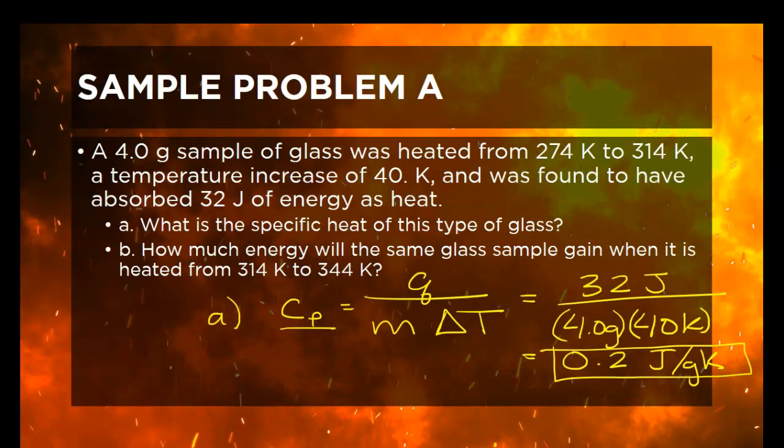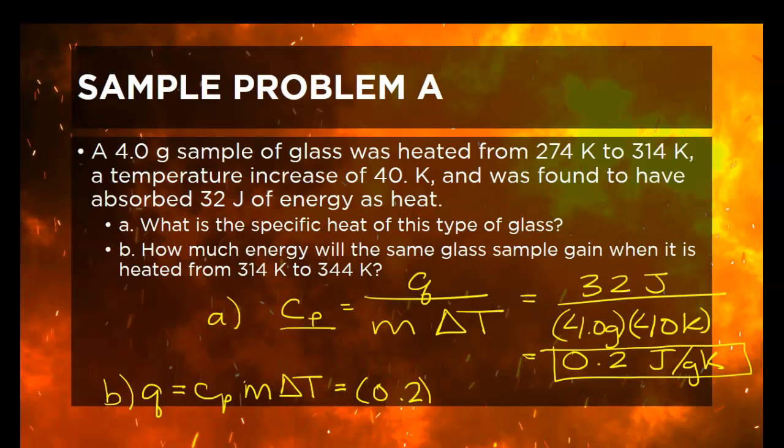And then part B, they're asking how much energy needs to raise that glass sample from 314 to 344. So I'm going to set it up as Q equals mCp delta T, or Cp times m times delta T. And it's going to be, we just found the specific heat to be 0.2.